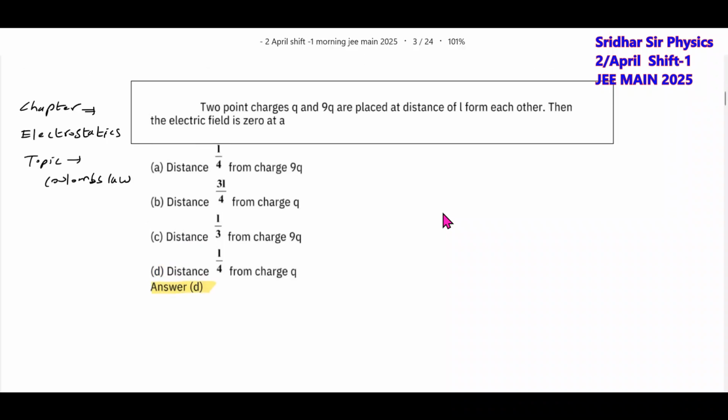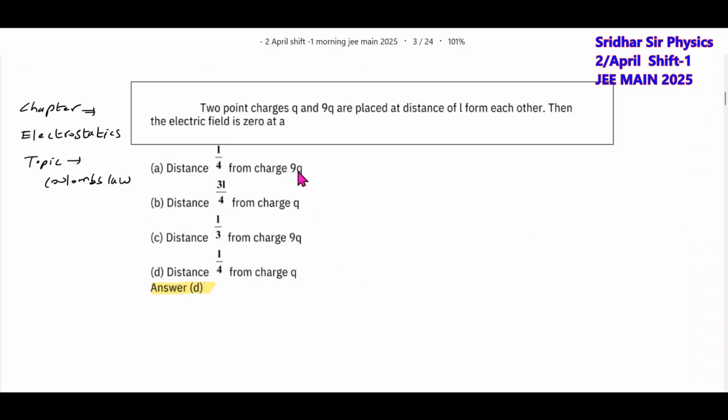This will be about the electrostatics. The problem is based on the electrostatics Coulomb's law idea topic. Two point charges Q and 9Q are placed distance L from each other. Then the electric field is 0 at. So we have the two charges here. One charge is Q, other is 9Q. These are the two different charges.